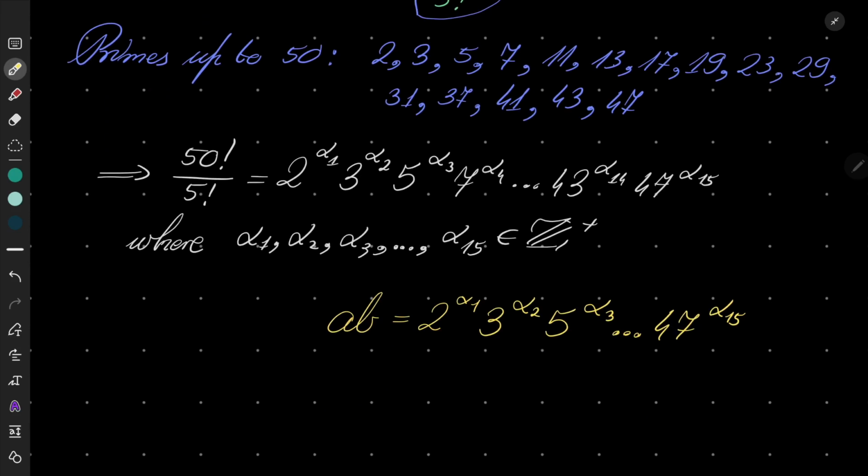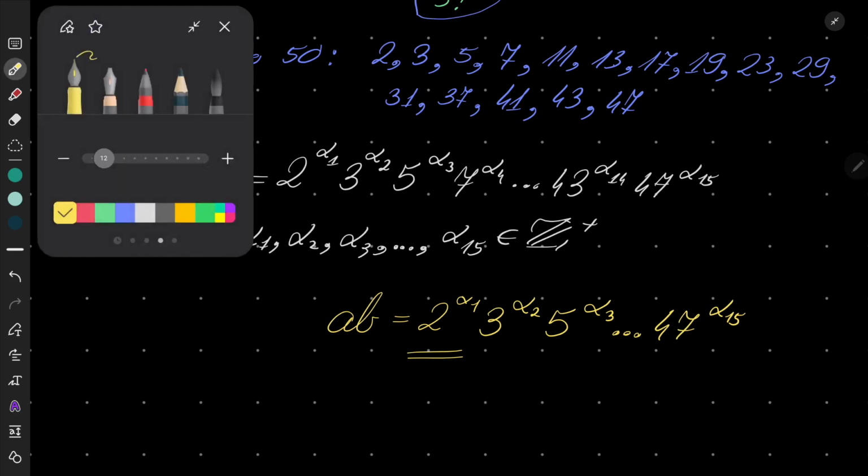Let's take our first factor. It cannot happen that 2 to some exponent will go to B and 2 to some exponent will go to A, because that would mean that 2 divides both numbers, and that's against our condition that GCD of A and B should be 1. So either the entire number 2 to the power alpha 1 must go to A or must go to B. So let's write it, because it's crucial.